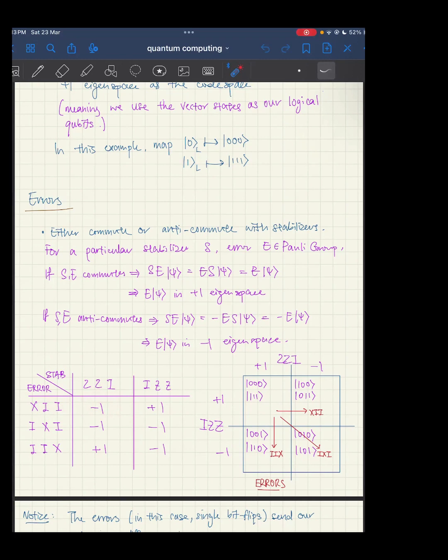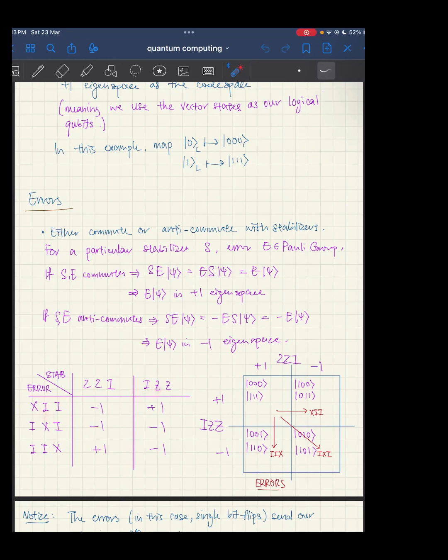And this is shown in the diagram on the right here, where XII sends the code into the -1 eigenspace of ZZI. For IZZ, if you compare it with XII, X commutes with I, so that's fine, we are in the +1 eigenspace.